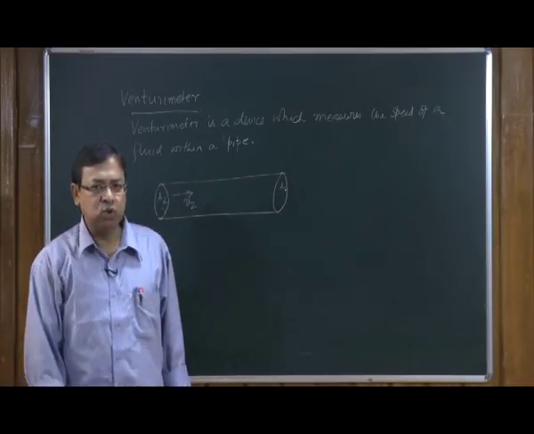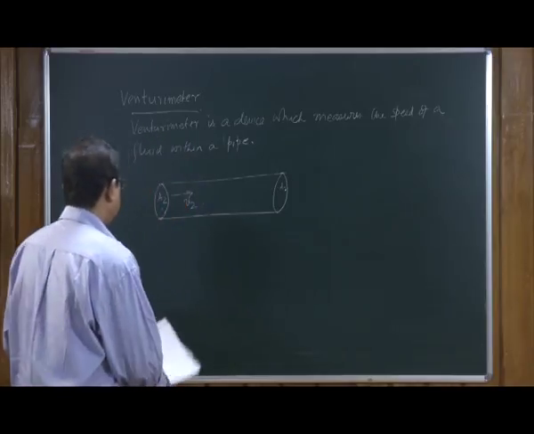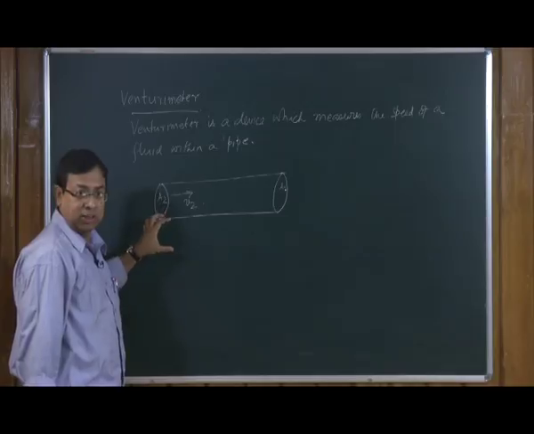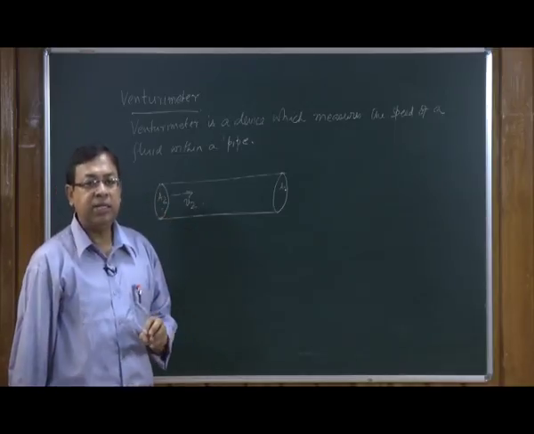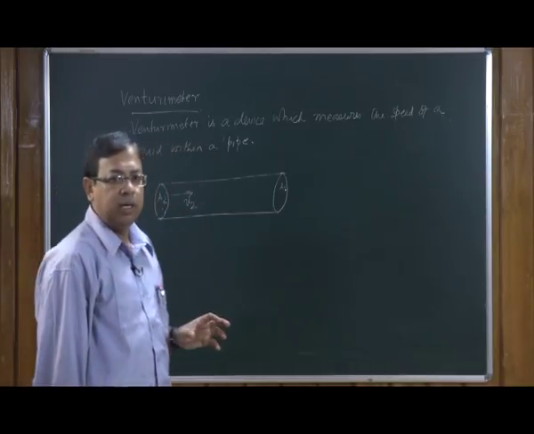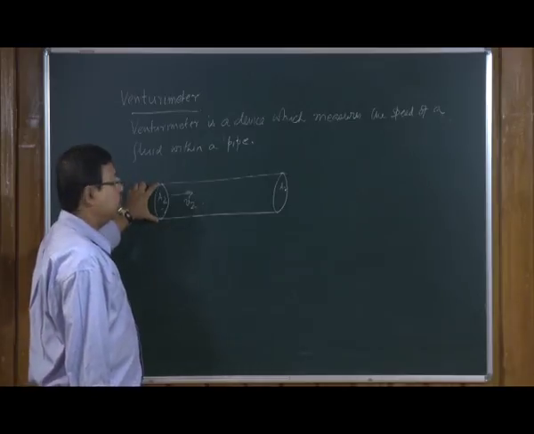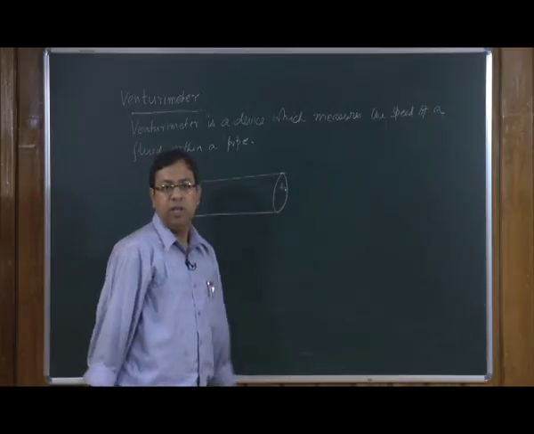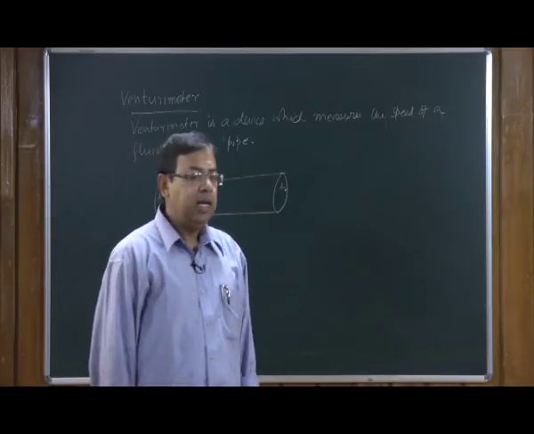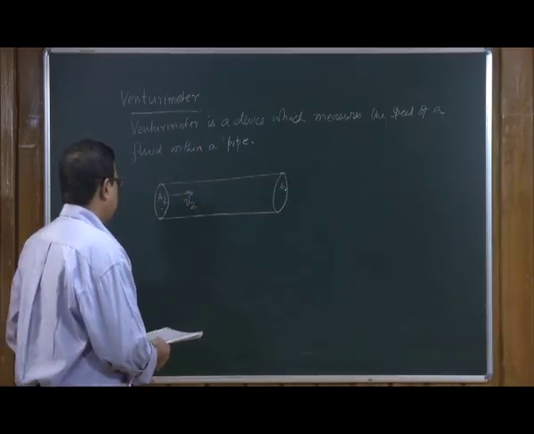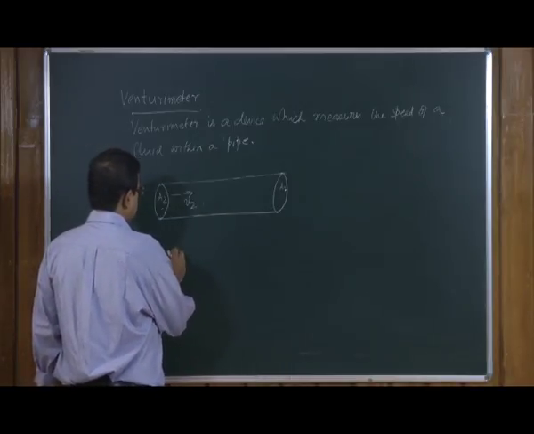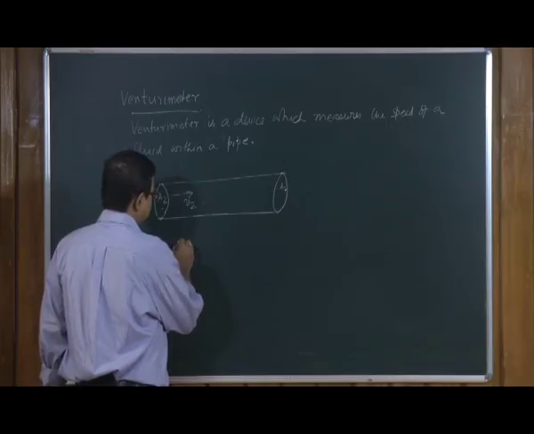Suppose that V2 is known, that is, you have connected it to a water supply, and you know the speed of water entering through this area of cross section and leaving eventually through the other end. Say we know V2. Now, we need to know, what we can do is, a Venturi meter is a device which is like this.